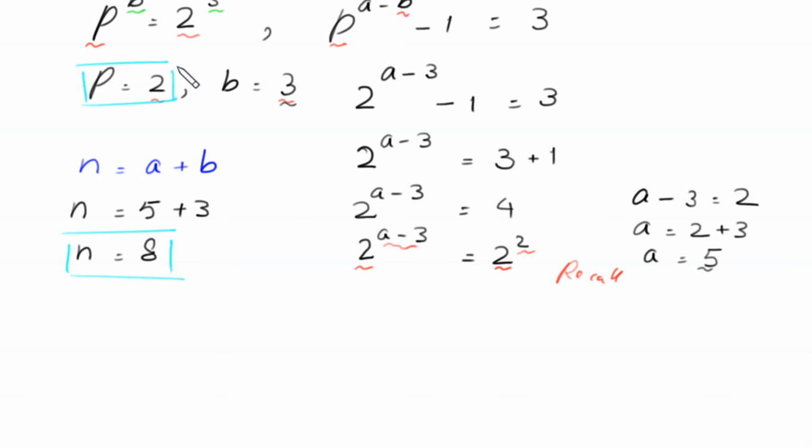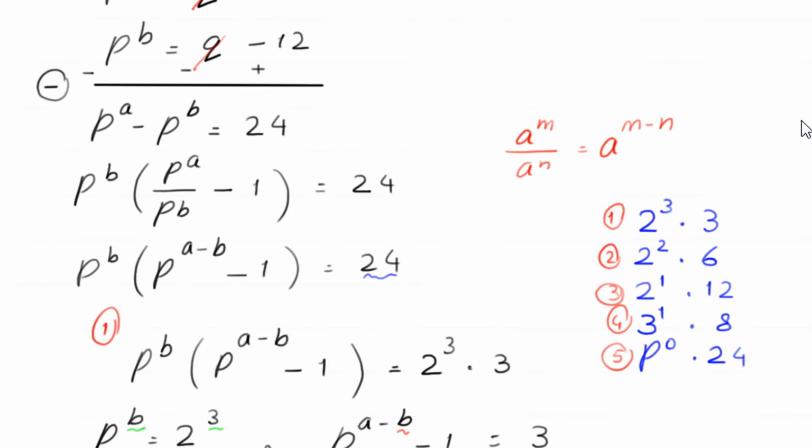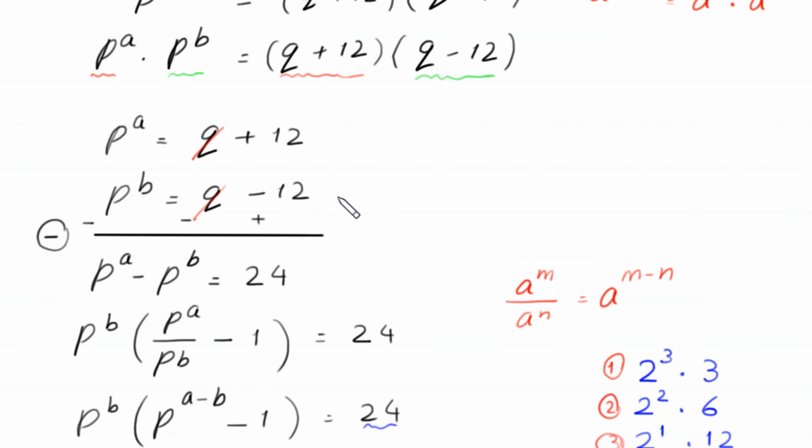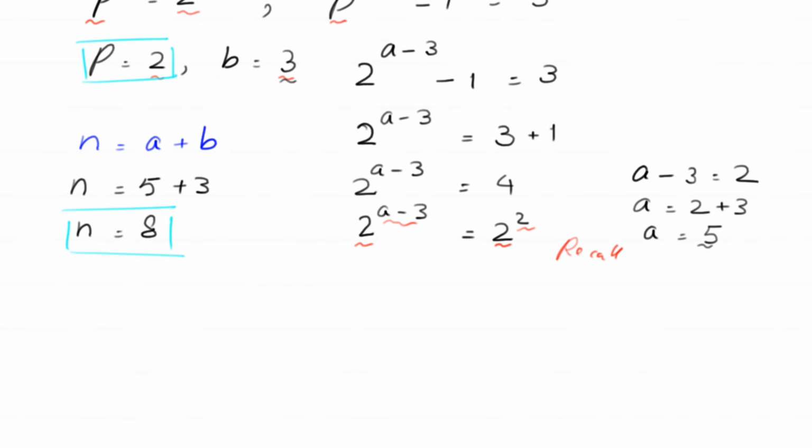Now to find the value of q, we use this equation. If we move this negative 12 to the left side, then this implies that q is equal to p to the power b plus 12.